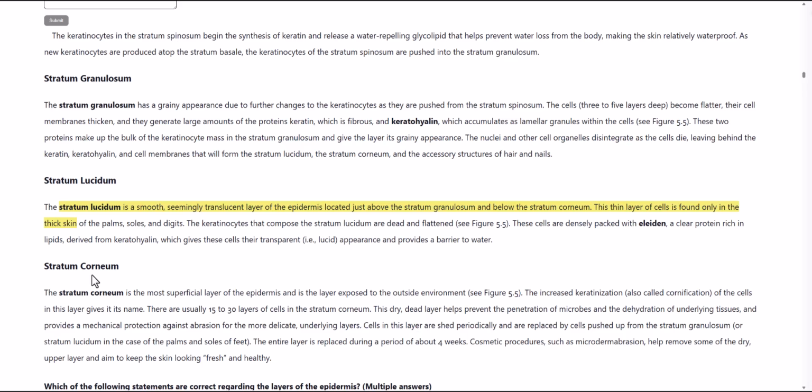And these are the cell layers that are shedding off all the time. It takes about 4 weeks for cells to go all the way from the bottom layer to the top layer, and essentially then you have a fully new layer of skin, or at least a fully new layer of epidermis every month or so.